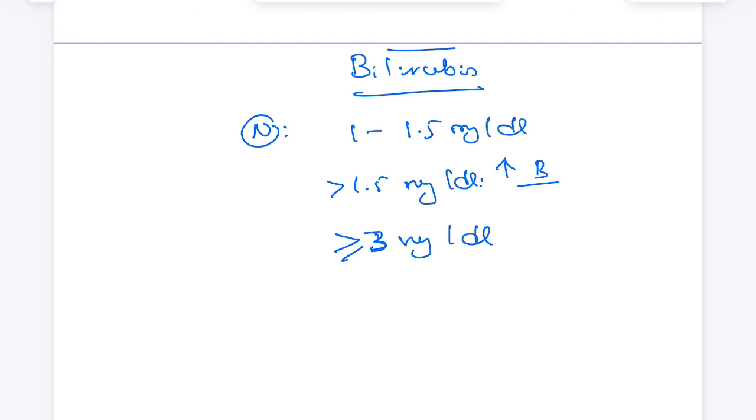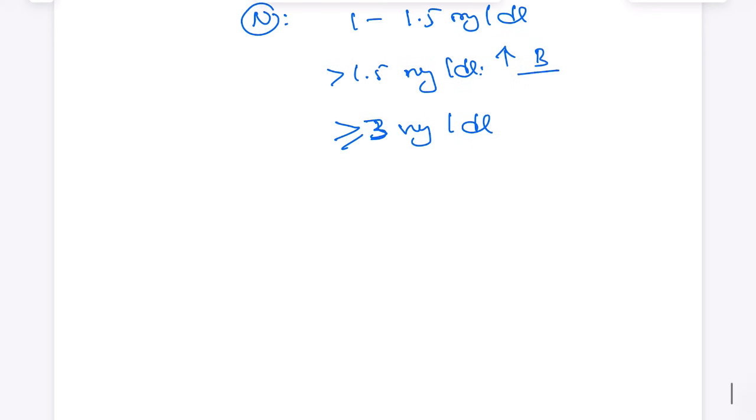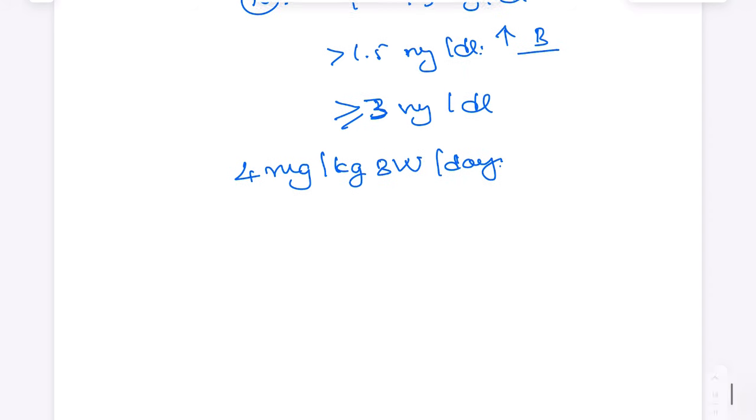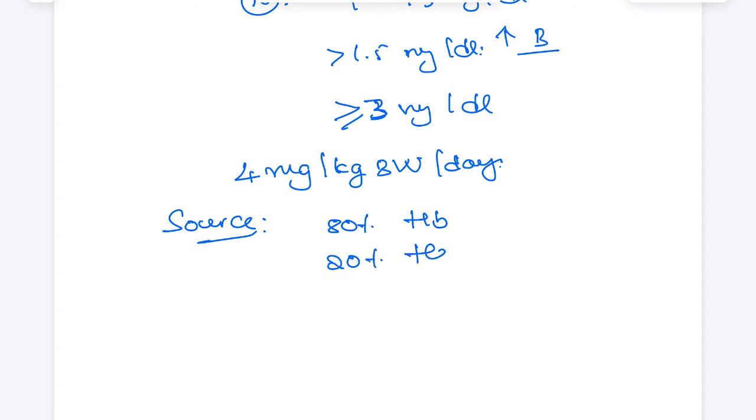Do you know how much bilirubin is produced every day? In normal individuals, 4 milligram per kg of body weight is produced every day. And the source of the bilirubin is 80% from the senescent RBC breakdown, that is hemoglobin, and the rest 20% comes from hemoproteins.